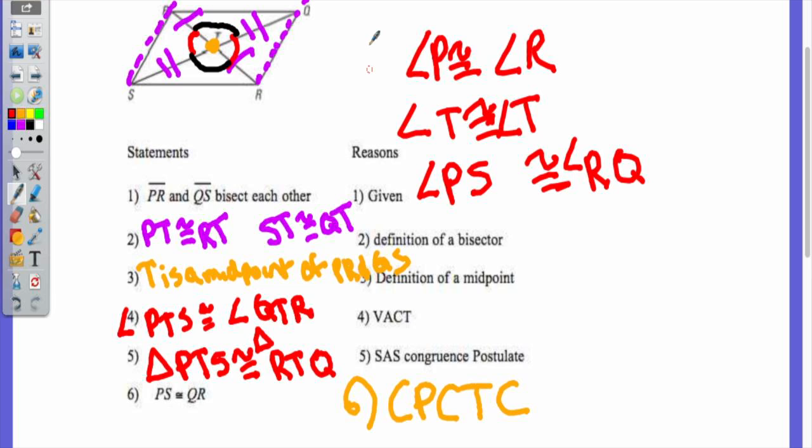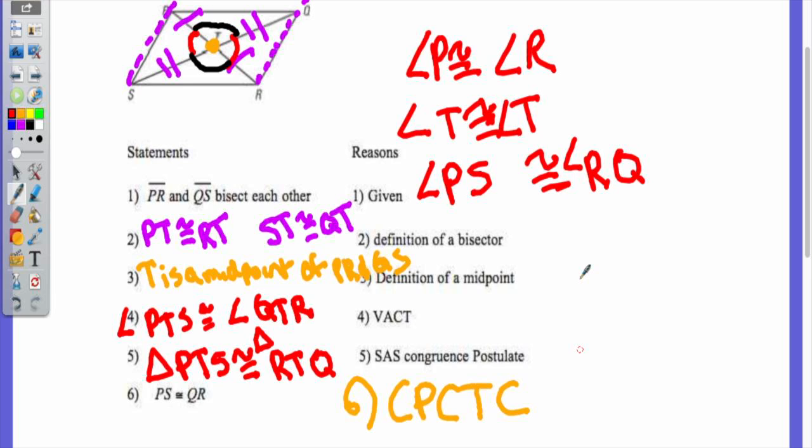The 6 congruent statements are all saying that corresponding parts of congruent triangles are congruent. That's what CPCTC stands for. You could write, since these 2 triangles are congruent, their corresponding segments are congruent. CPCTC is just a shorter way to write that. Now do you understand that?